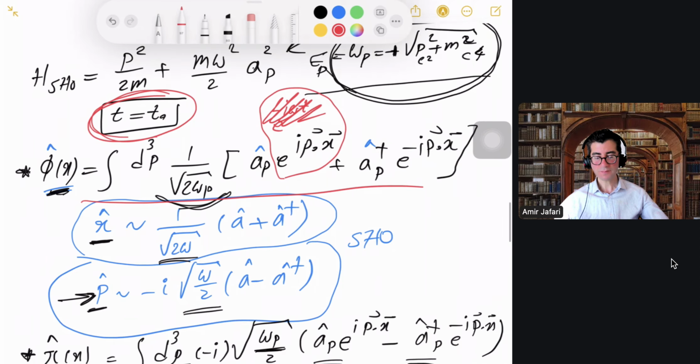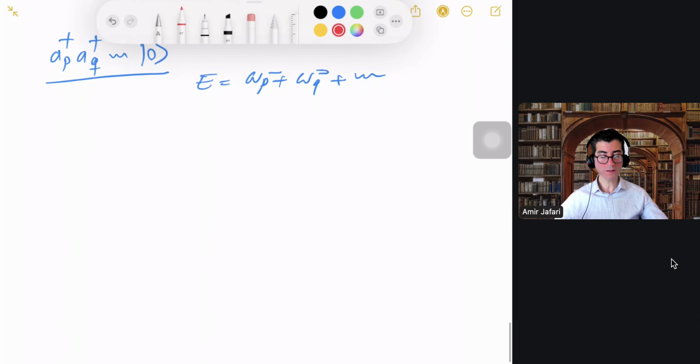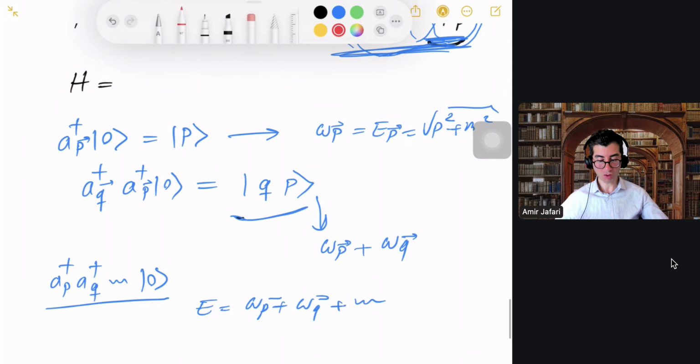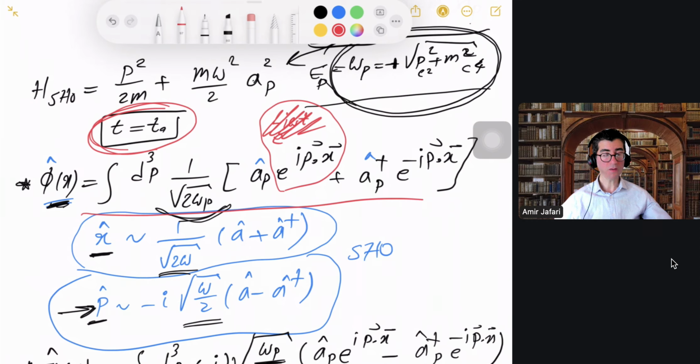Now, this can be called the Schrödinger picture, because remember what we are doing here is promoting phi, the quantum field, to an operator. In the Schrödinger picture, operators are time independent in quantum mechanics. In the Heisenberg picture, they are time dependent.